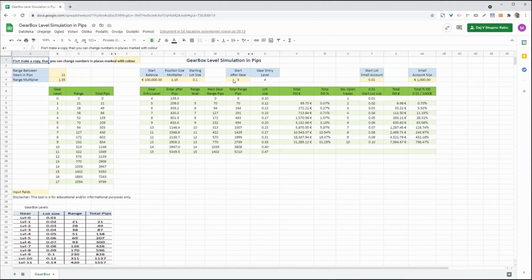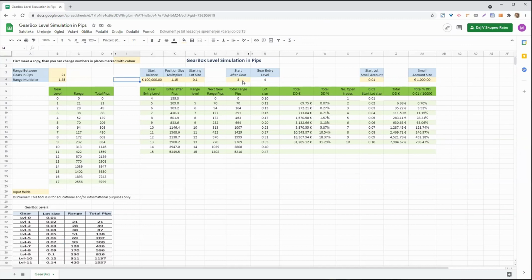So now something about this calculator and why I made it. It is just for me to see at which level you enter, and then how big the risk is in each position. For example, if we start on level 3, so after level 3 our entry will be on level 4, I would like to know what happens.